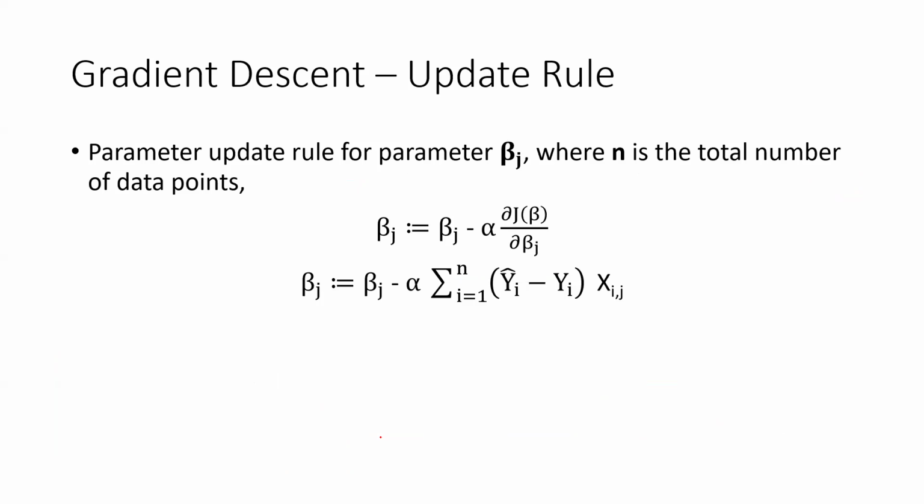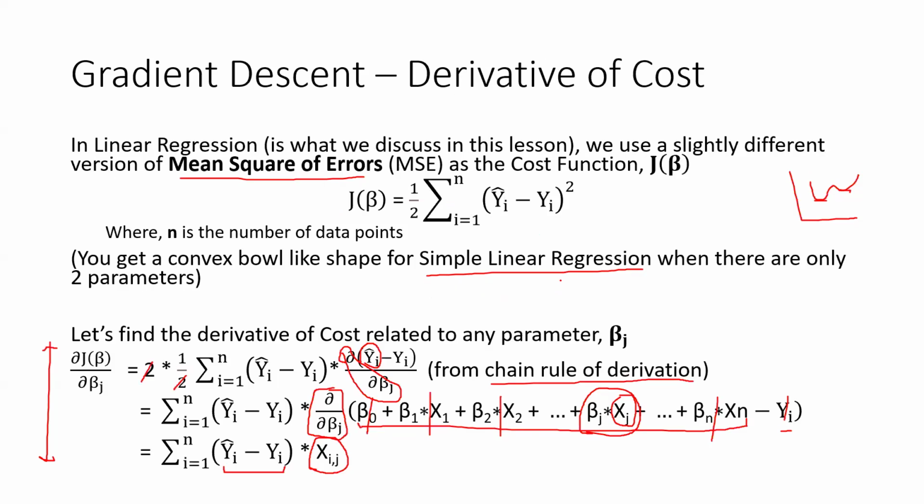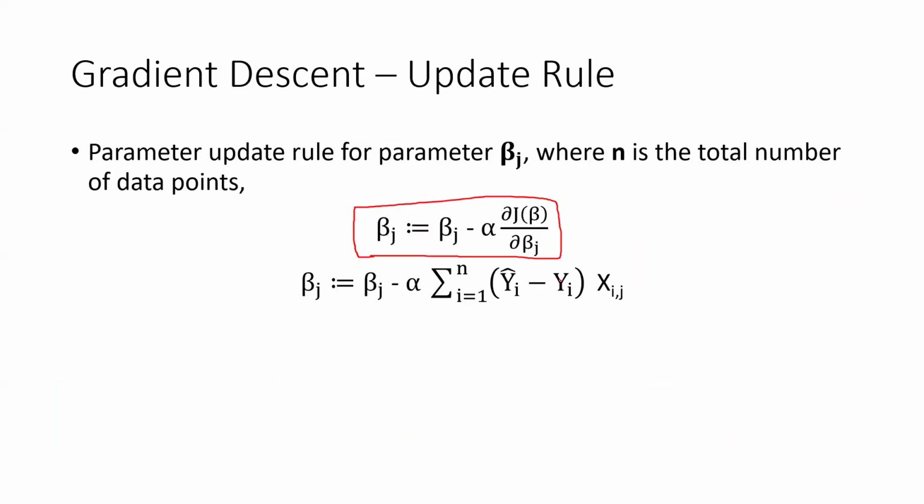So first we explained that this is the update rule, right? And n is the total number of data points. Then what we are doing is we are going to replace this derivative term, or the slope, with the value that we have just found, right?